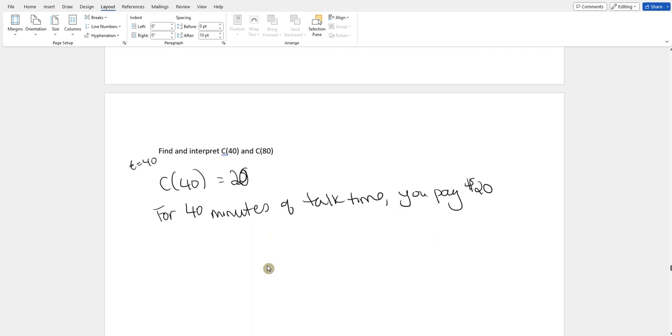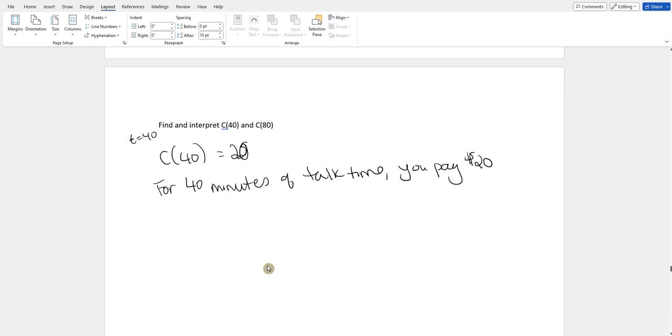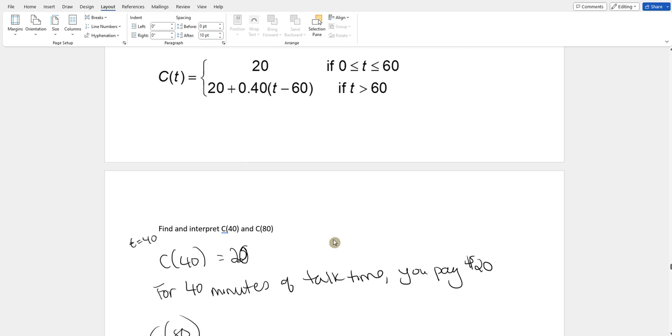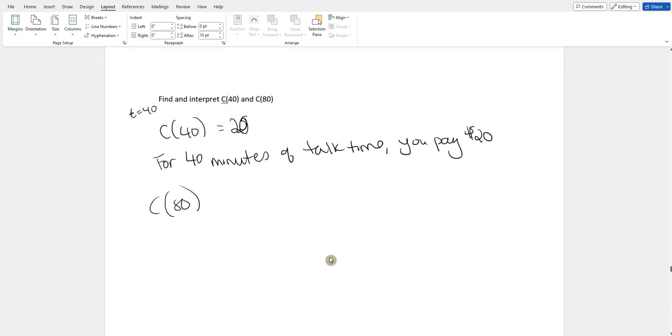Next, we're going to calculate C of 80. 80 is greater than the 60 minutes, so that means we have to use this second equation here. Whenever we see a t, we're going to plug in 80. So we end up with 20 plus 0.4 times 20 here.